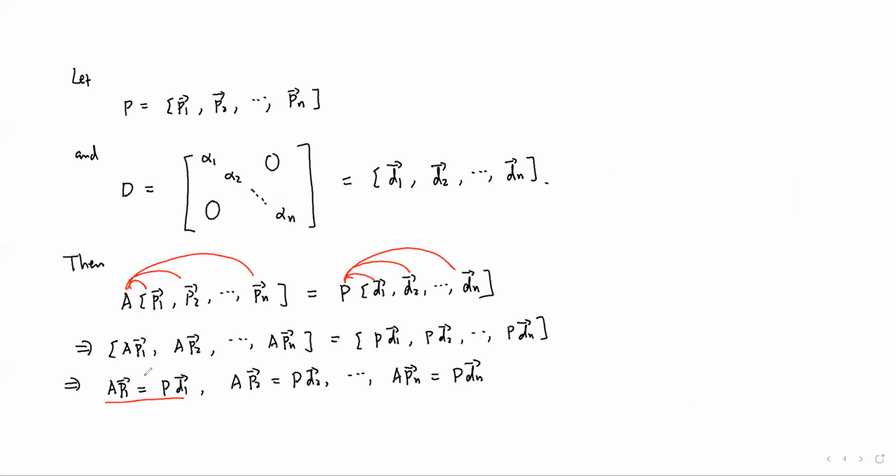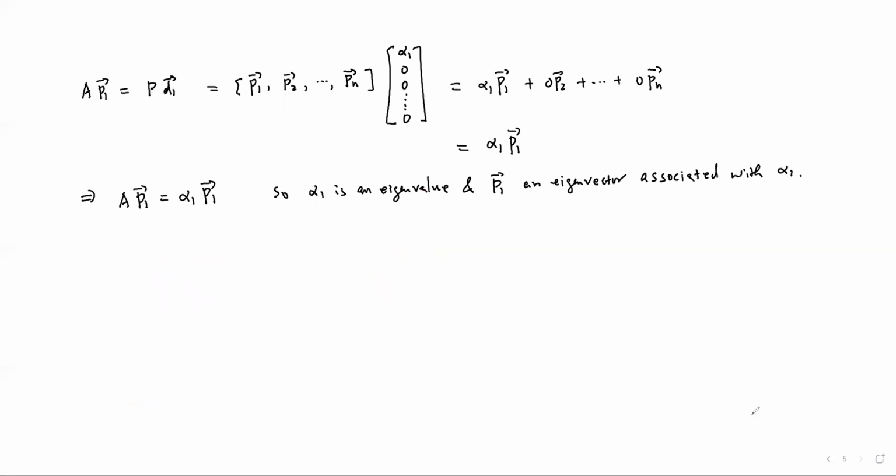Similarly, the second equation: A P2 is equal to P times D2. Let me write P times D2 in detail. It is P: P1, P2, Pn.